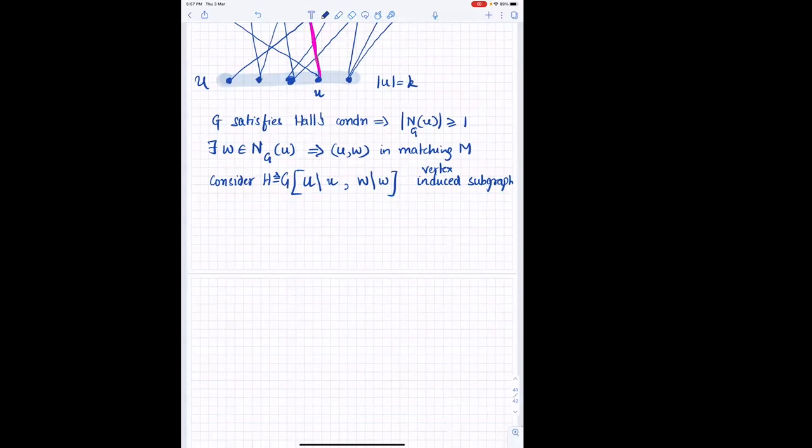Okay, so there are two possibilities, right? Either it satisfies Hall's condition or it does not satisfy Hall's condition. Let's do the easier part first. Suppose H satisfies Hall's condition. What does it mean? Just to ensure, can somebody say what do we mean by H satisfying Hall's condition?